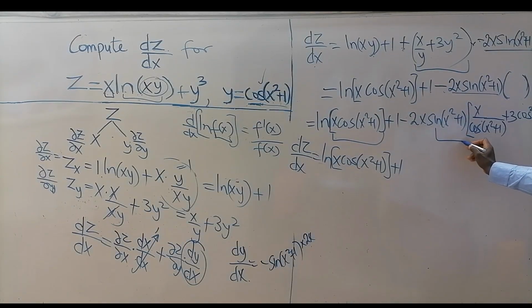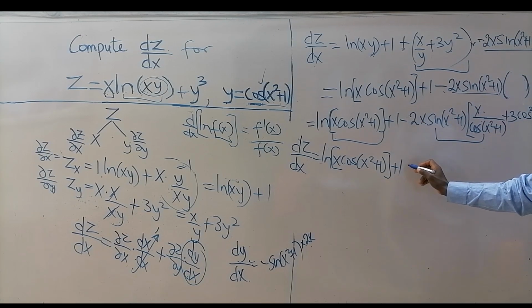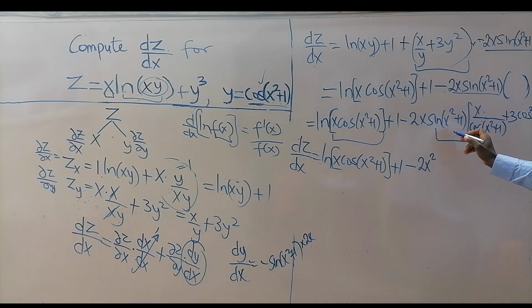So when you open these brackets for this one here, x times this will give us a minus 2x squared, and this is sine over cos, that will be tan of that function. Then minus times plus, that's a minus.